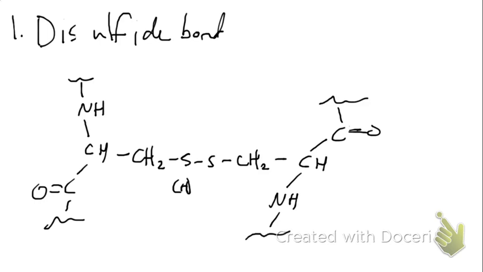We're going to oxidize these two sulfurs to form the disulfide bond. We're removing hydrogens. And so what is the best way to break a disulfide bond since it is a covalent bond? Well, let's use a reducing agent.